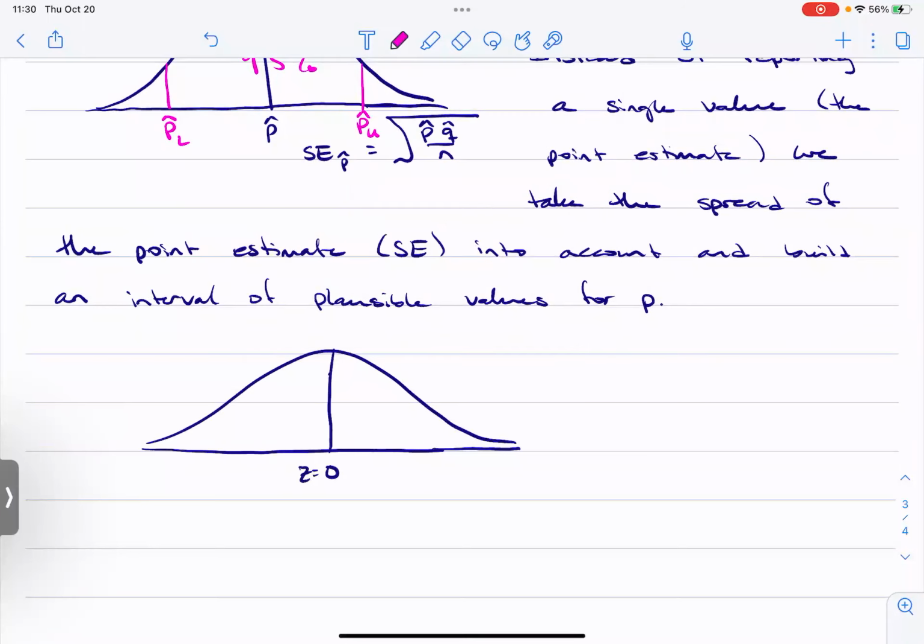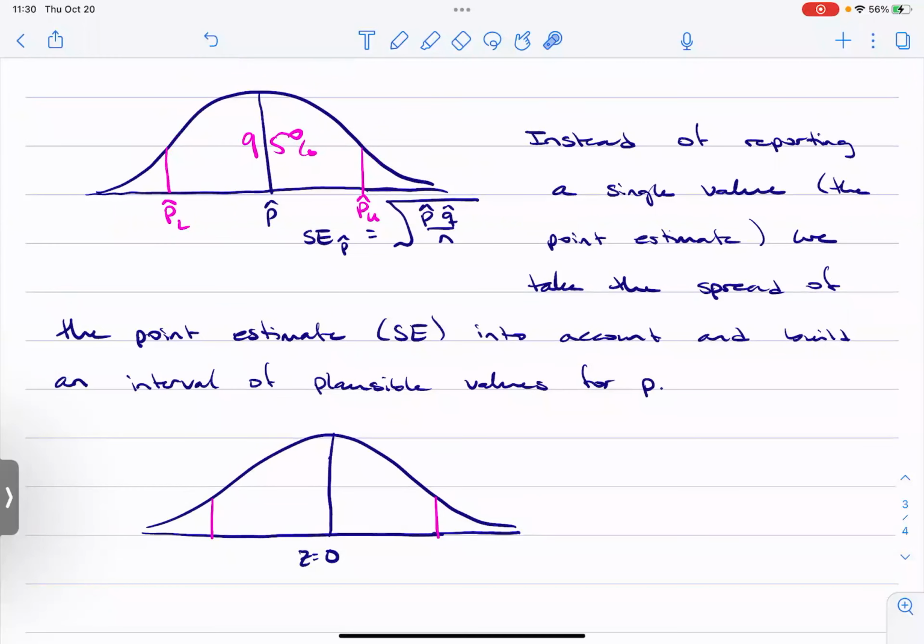And what I want to do is figure out, if I have the central 95% here, how many standard errors do I need to move away in either direction? It's going to be symmetric, so we'll leverage that. But the number of standard errors makes me think of Z, right? So that's why I'm going to convert it to a Z.